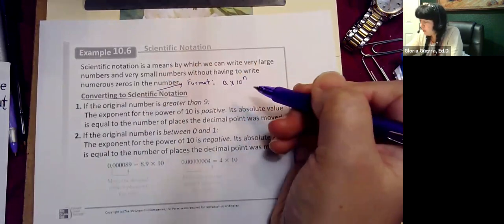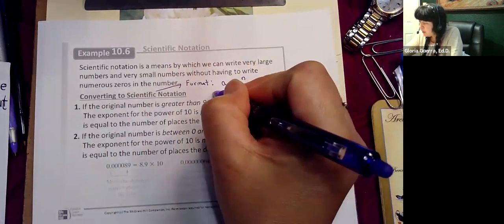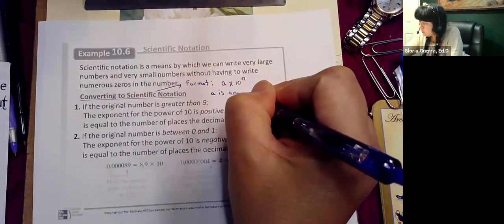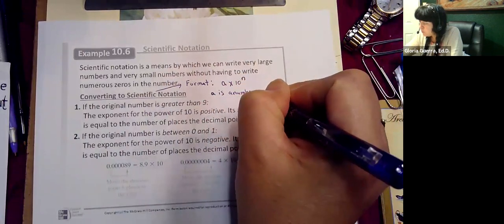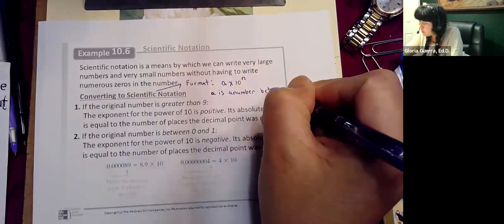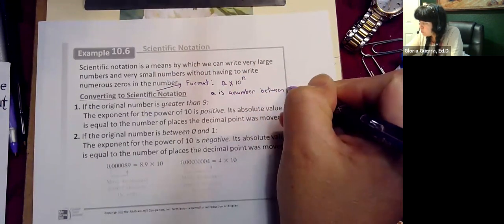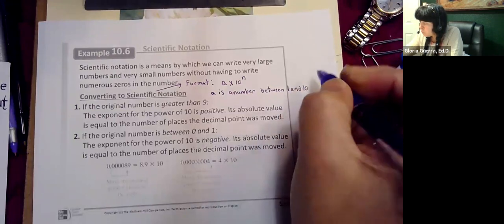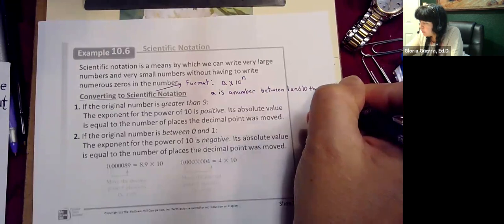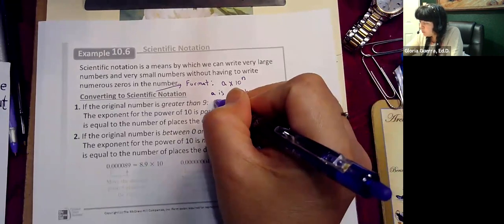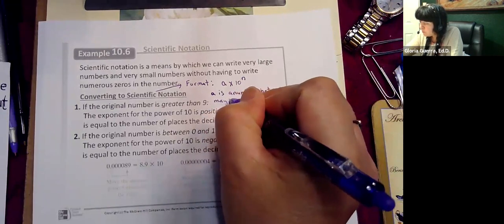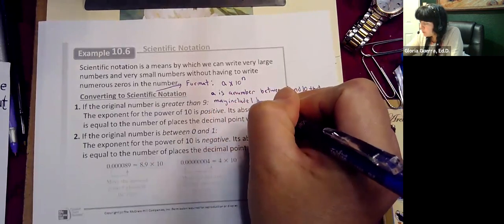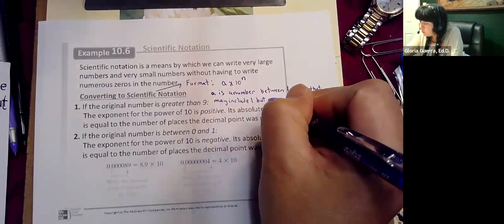It has this format. And really A is a number between 1 and 10. That may include 1, but it should exclude 10.